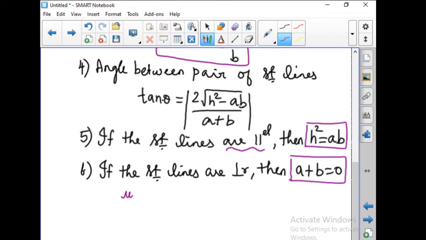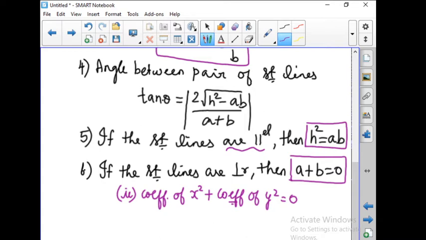That is, we can write coefficient of x square plus coefficient of y square is equal to 0. Okay, so when the lines are parallel, the condition is h square minus ab equal to 0. When the straight lines are perpendicular, a plus b equal to 0. If the denominator is 0, the lines are perpendicular; if the numerator is 0, they are parallel.